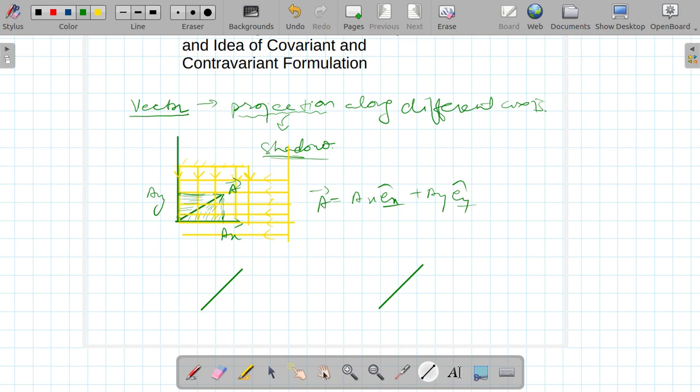Say the source of light will be somewhere here, and light is coming from here in this way.